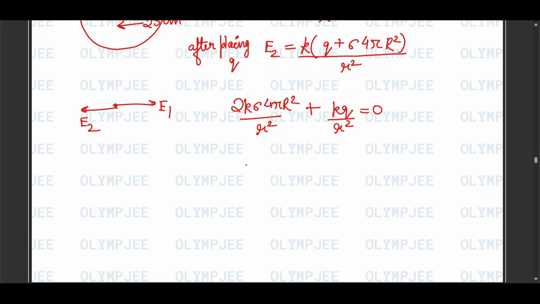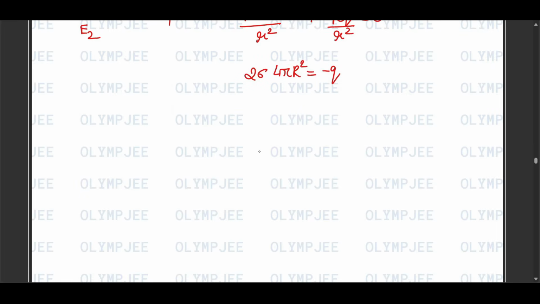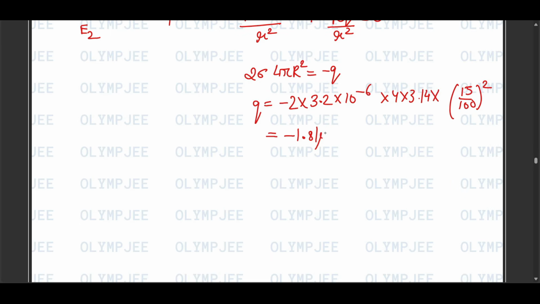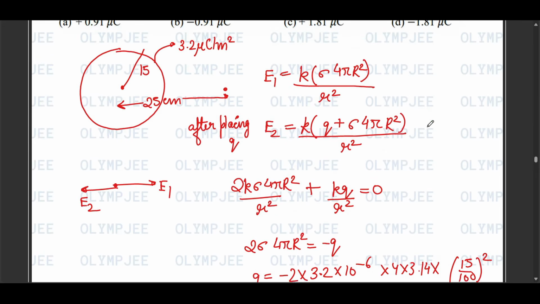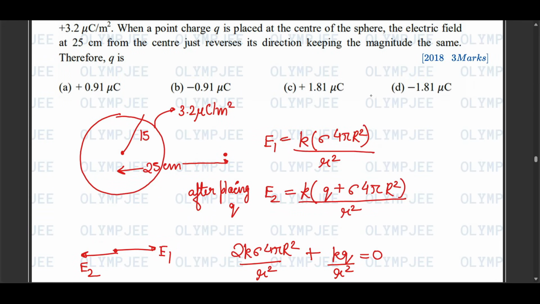So this will imply that Q will be equal to minus 2 multiplied by 3.2 into 10 raised to power minus 6 multiplied by 4 multiplied by 3.14 multiplied by (15 by 100) whole square. So this gives us minus 1.81 microcoulomb. So answer is option D.